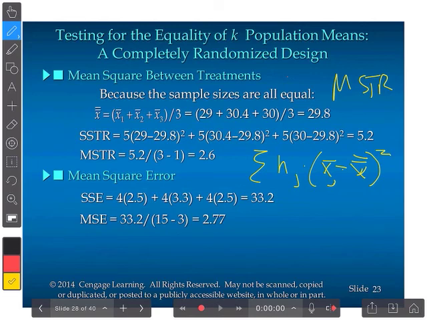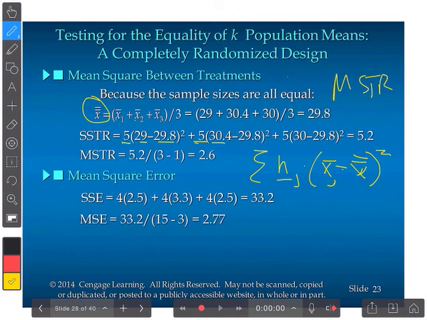So as you can see, we take the sample means, if we divide by 3, we get the grand mean, and then for each one of those, we would look at SSTR. We would take the sample size, which is n_j. This is the sample mean, and the overall sample mean, which is 29.8. Then we do the same with the sample size for treatment 2.